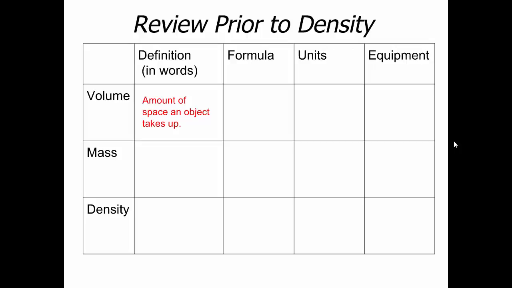An amount of space that an object takes up. That's what volume is. What about mass? What is our definition of mass? Alex? The amount of matter inside an object. Yeah, the amount of matter in an object.